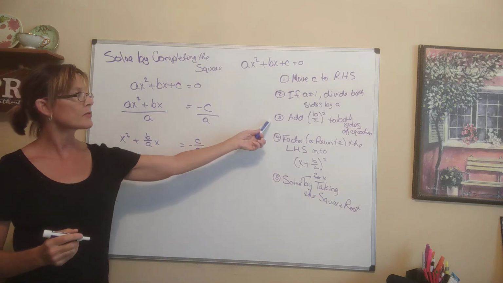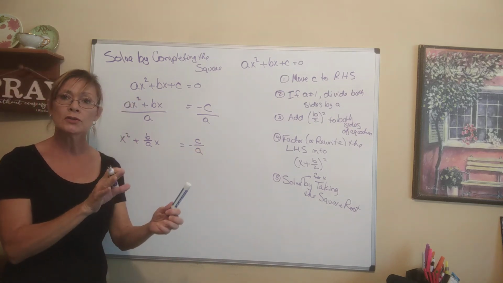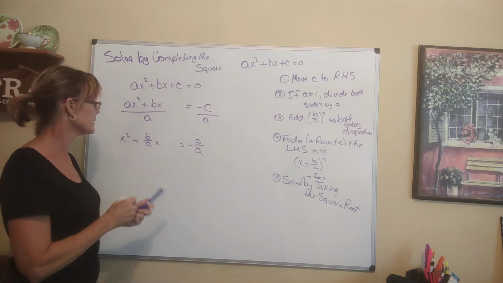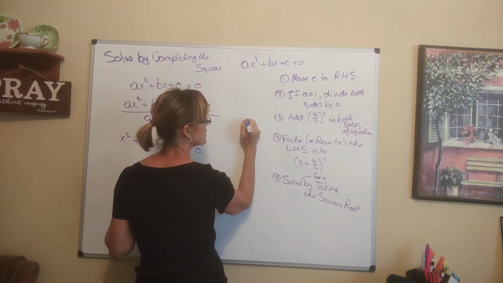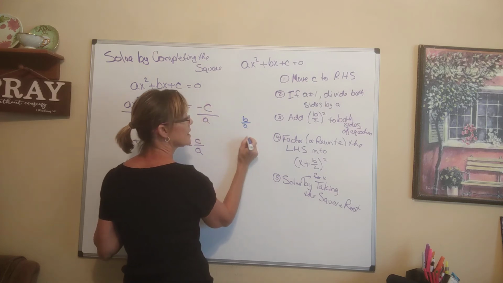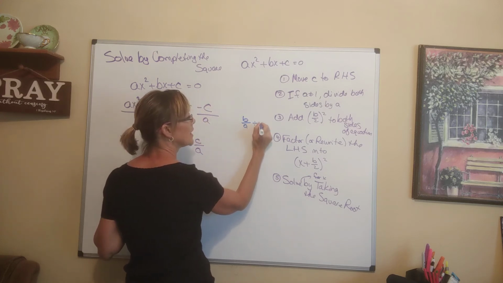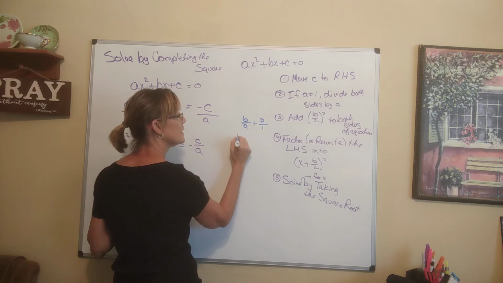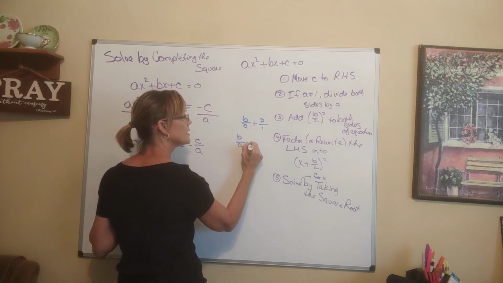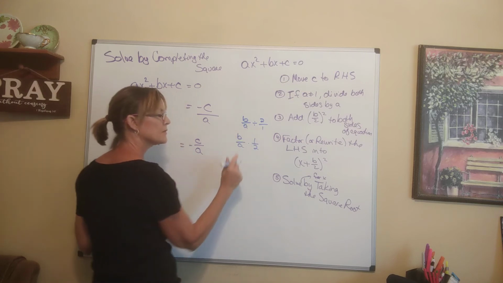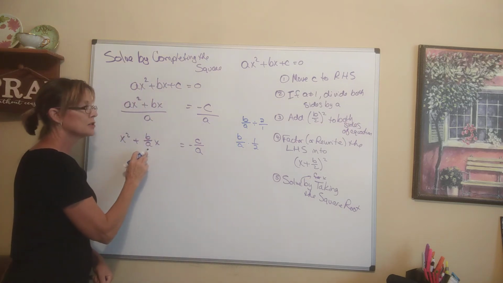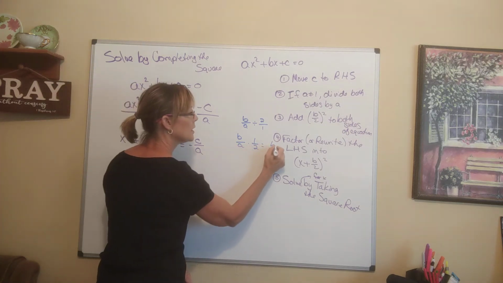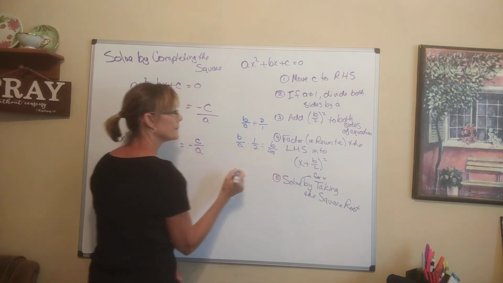Now I'm to step 3, which says add b over 2 quantity squared to both sides. Okay, well, b, in this case, is b over a. And if I divide that by 2, right, that's b over a times 1/2, keep, change, flip. So b over a divided by 2 is going to give me b over 2a.